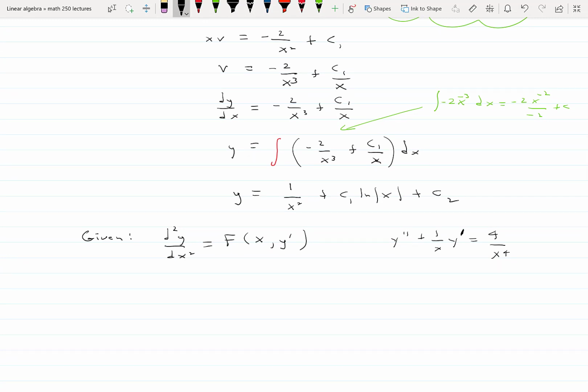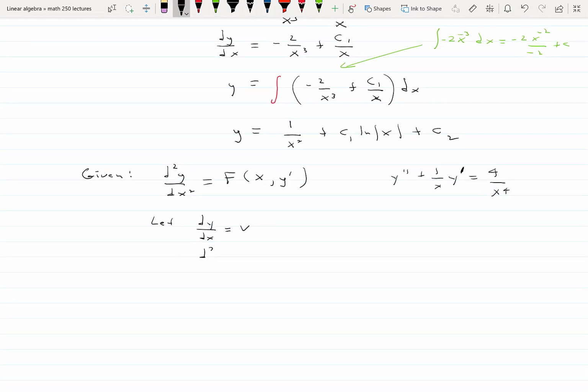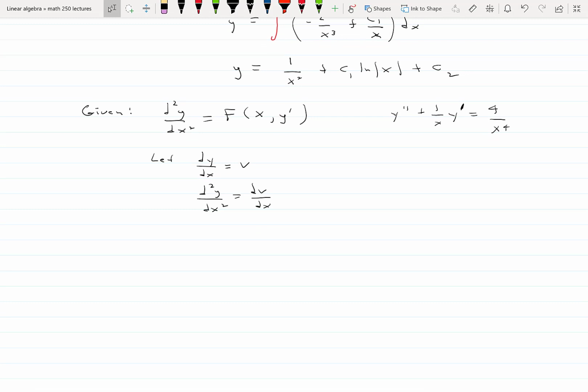and y prime. The idea is to, in these cases, let v equal y prime, or let dy dx equal v. So that means d squared y over dx squared equals dv dx. Then make the substitution.